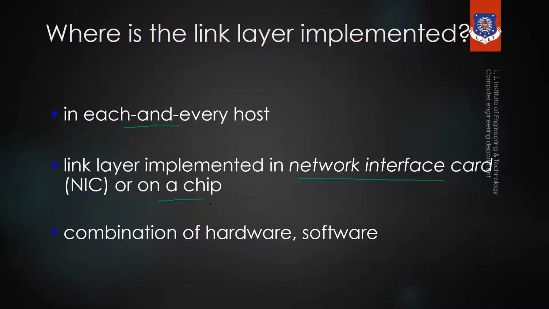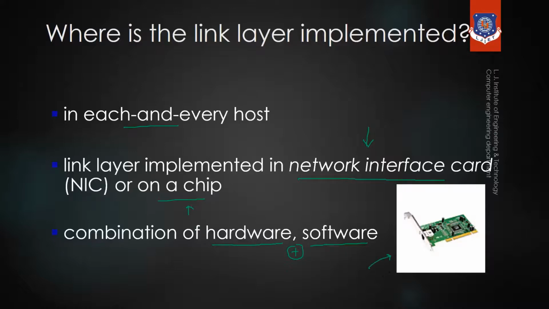So in devices such as laptops, desktops or routers, the link layer can be found on a network interface card, or in devices such as mobiles or tablets, it can be found on a chip. And the link layer is a combination of hardware and software. But what is the meaning of the combination of hardware and software? So let's see more about it.